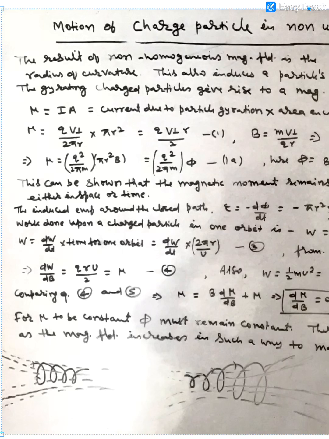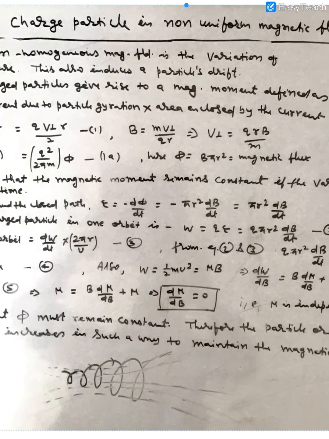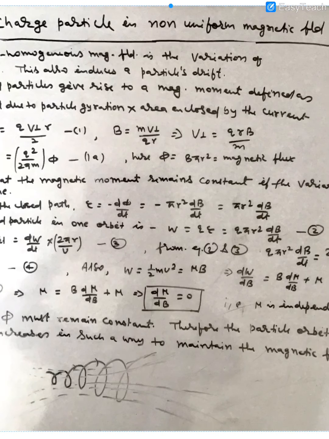Now we can calculate the work done upon a charged particle in one orbit, and that will be equal to the product of charge and the induced EMF. We will have equation 2, that is work done is equal to q pi r square dB upon dt.